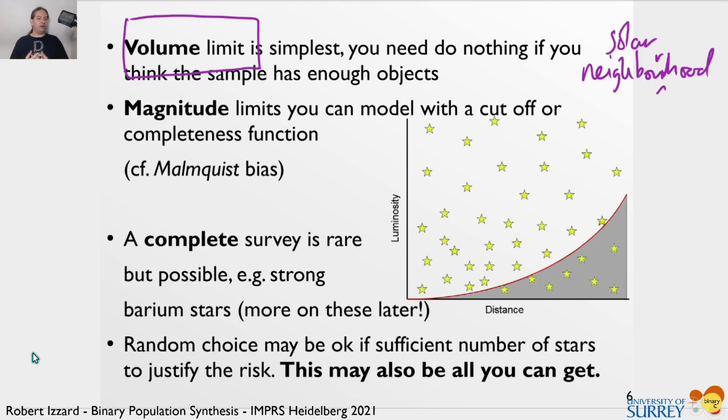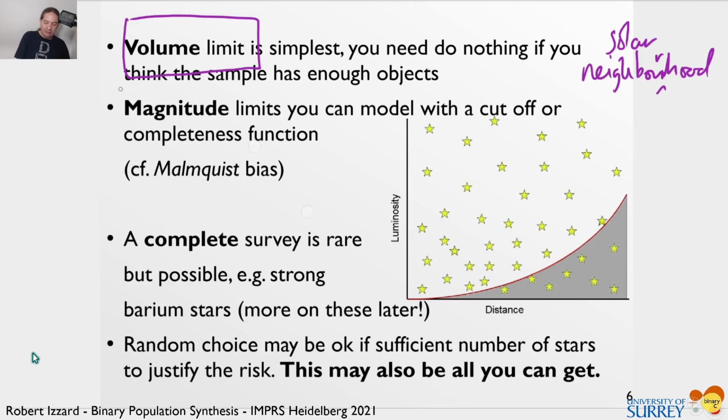For example, until very recently, all white dwarf surveys were essentially only complete out to a volume of about 20 parsecs, which is thinner than the disk. So very easy. But of course, if your volume gets larger, you then maybe do have to think about the galactic structure that you're looking at. So that actually can get a little bit complicated. So you've got to be careful in that regard.